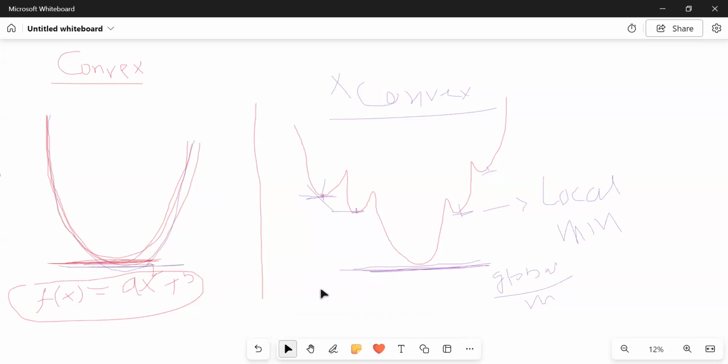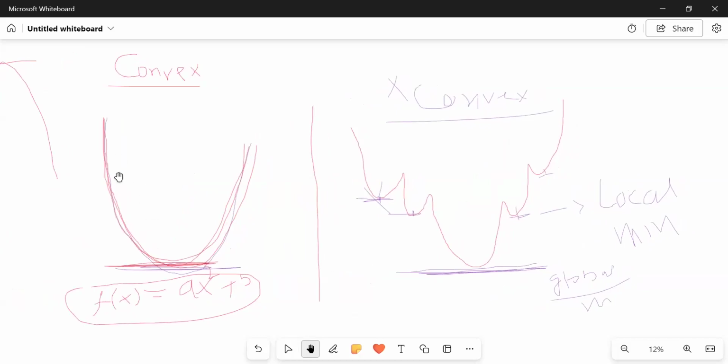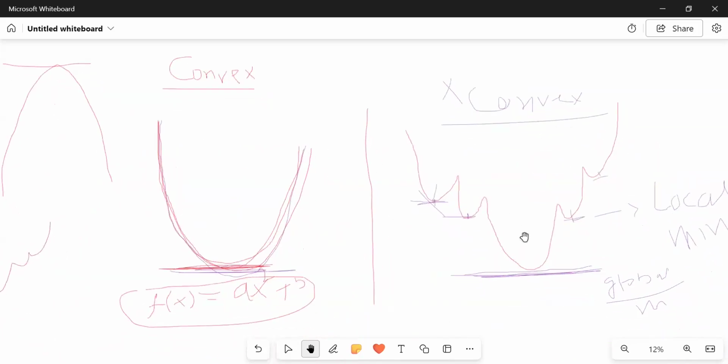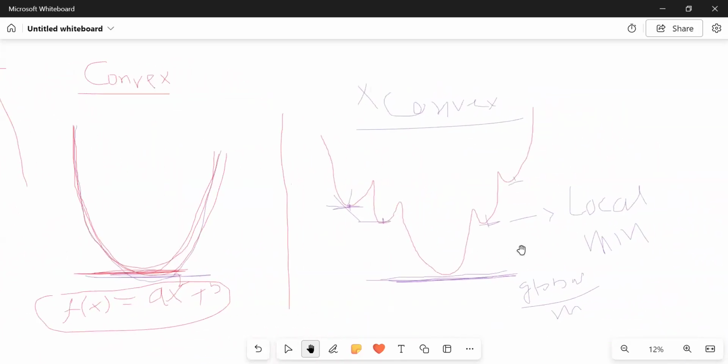There will be no local minima in a convex graph. This is mathematically proved. So in the convex graph, there will be just one, either global minima like this or global maxima like this. But in the non-convex graph, there can be multiple small local minima, and there will be one global minima.